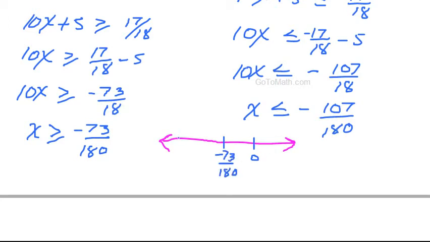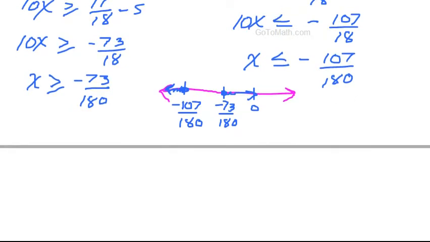And this is going to be negative 107 over 180. X is less than or equal to, so we want to make sure we put a solid dot here, and then everything in that direction. Then of course a solid dot here because we're including it now, and then everything in that direction. Of course the stuff in the middle, right, we can't use it.